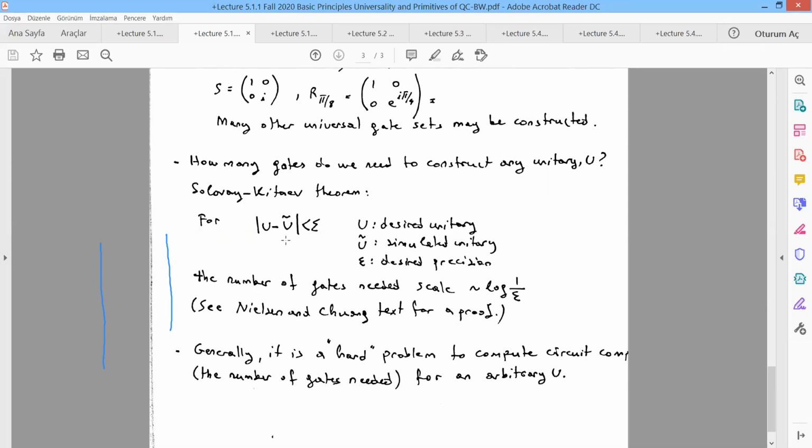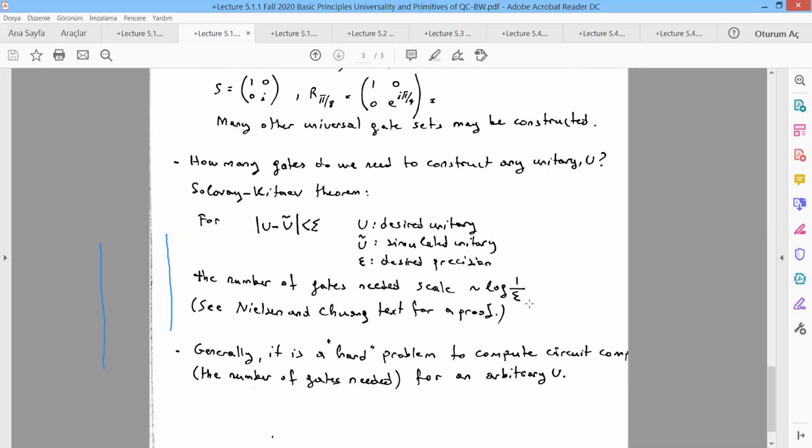So obviously, the smaller the desired precision, the larger the number of gates you need to use. Actually, it scales, again over here exponentially, because of this logarithmic construct. This is an important theorem.